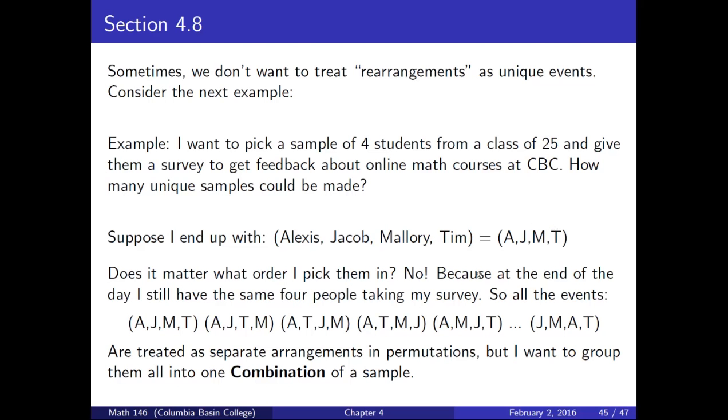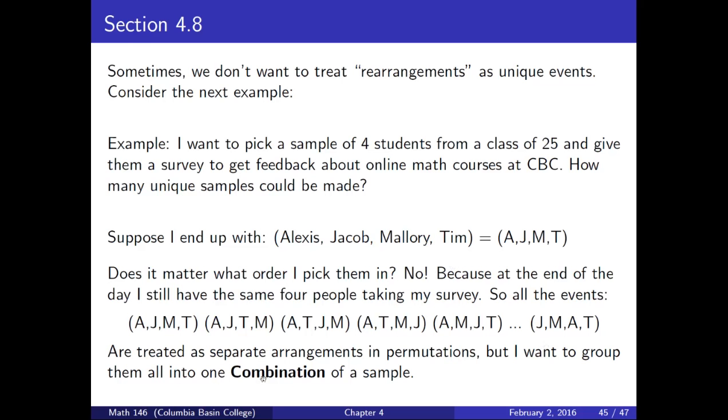Now, does it really matter what order I pick them in? I would say it doesn't, because at the end of the day, whether Jacob came first or Tim came first or Mallory came last, it doesn't matter because I've still got a survey from those 4 people. It's not like getting picked first is going to change the way you answer the questions.